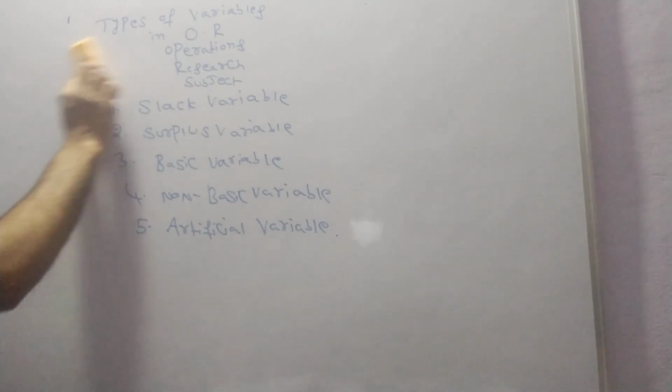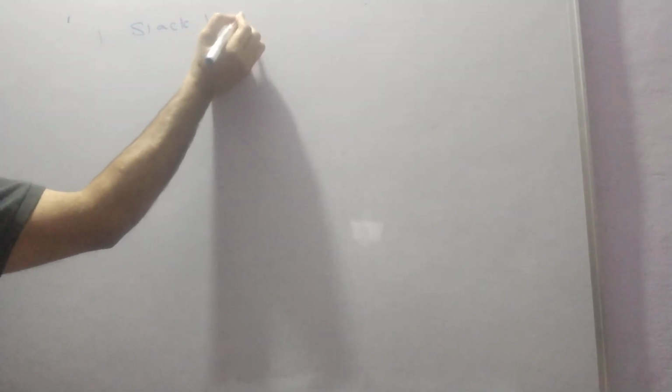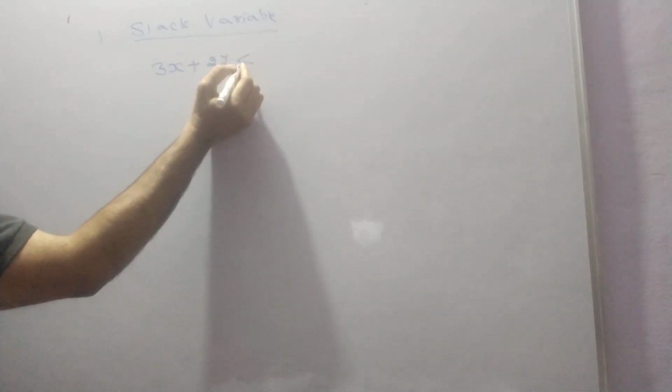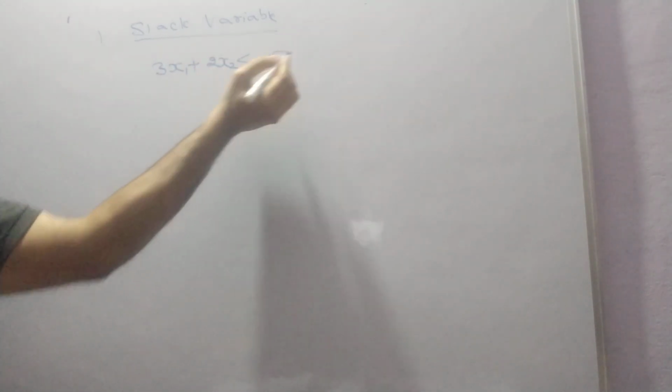So first one is slack variable. Here I am taking an inequality. Suppose 3x1 plus 2x2 is less than or equal to 5.